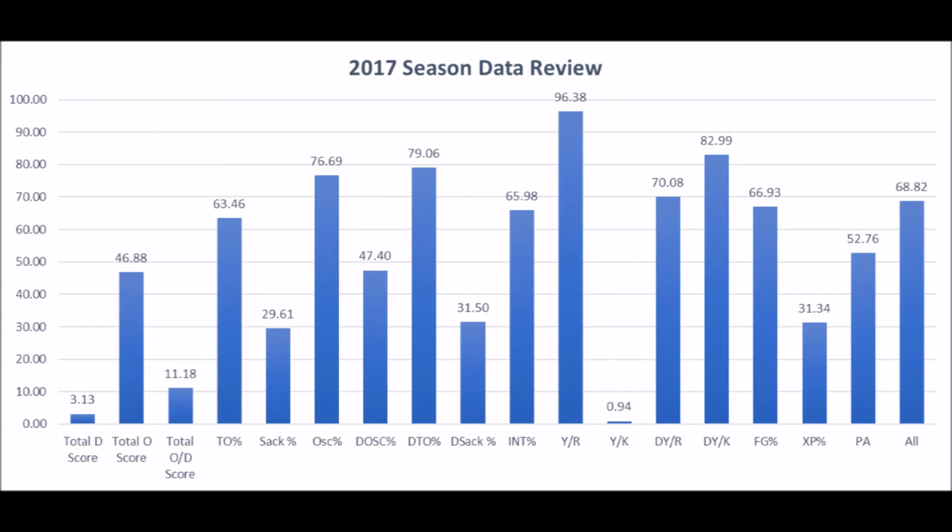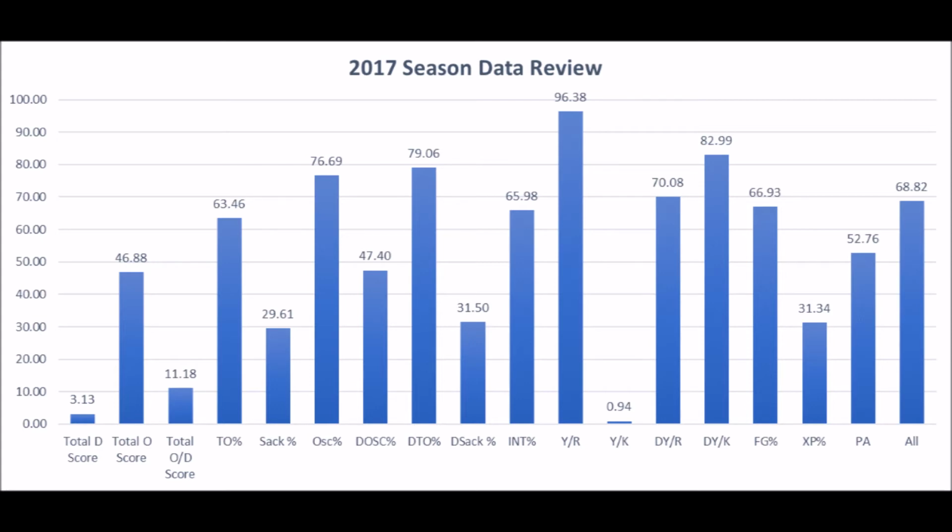It wasn't amazing, but it wasn't below average. Sack percentage was below average, so they gave up way too many sacks this year compared to every team since 1998. So that's definitely an area where there can be some improvement, preventing sacks. Offensive score percentage was above average as well, 76.69 out of 100. So they were able to put points on the board on offense.